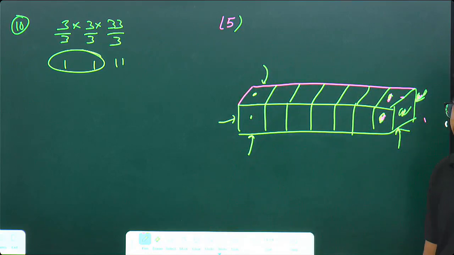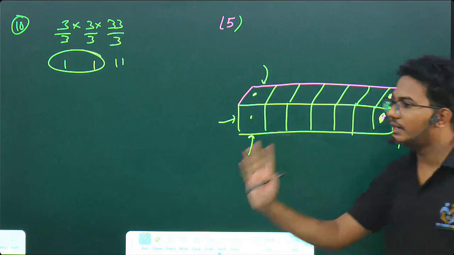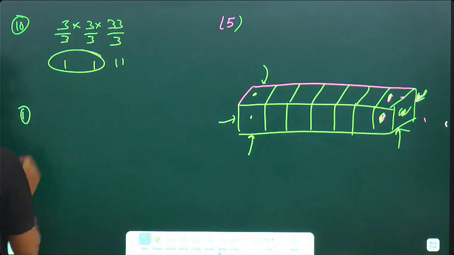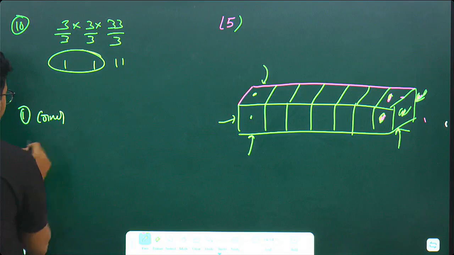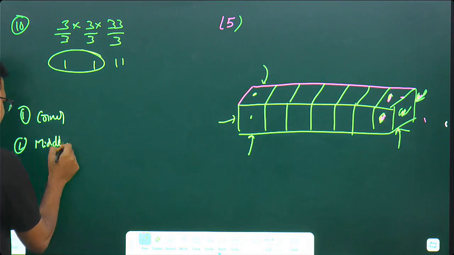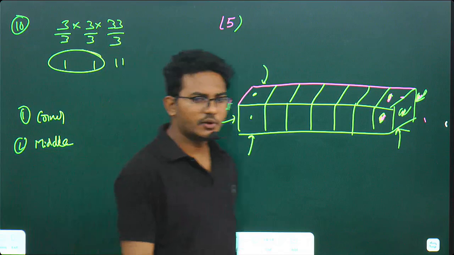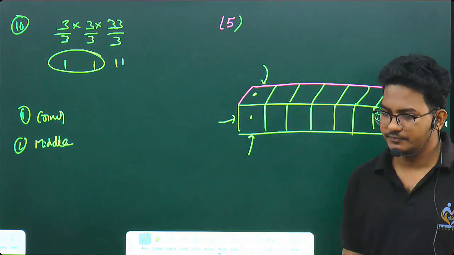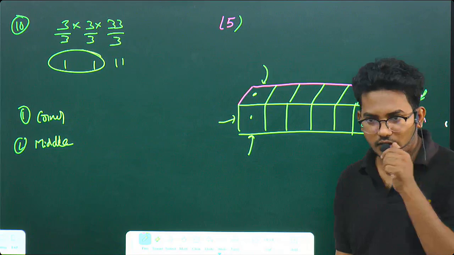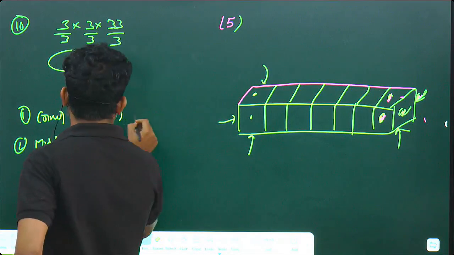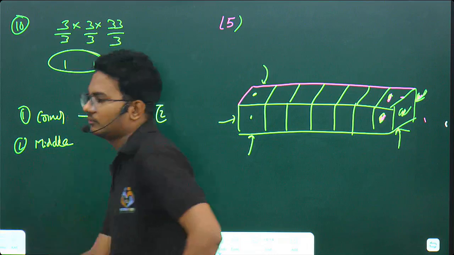Here you will find only 2 types of cubes: one is corner, the second is middle. You won't find center cubes and you won't find inner central cubes. For the corner cubes, you'll find 5 surfaces painted and the value will be 2 for sure.